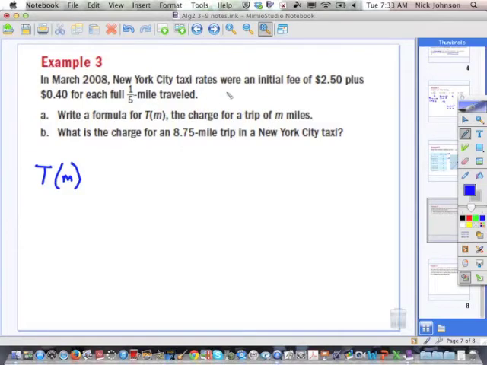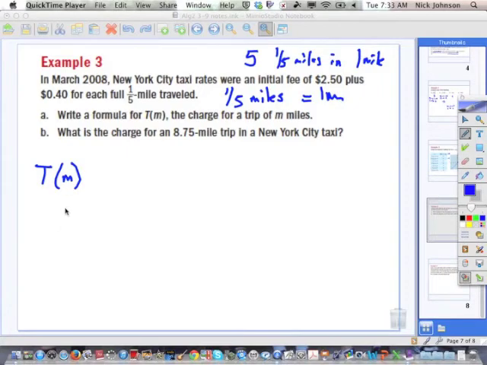So how many 1/5 miles are in 1 mile? Well, there are 5 of them. There's 5 1/5 miles in 1 mile.